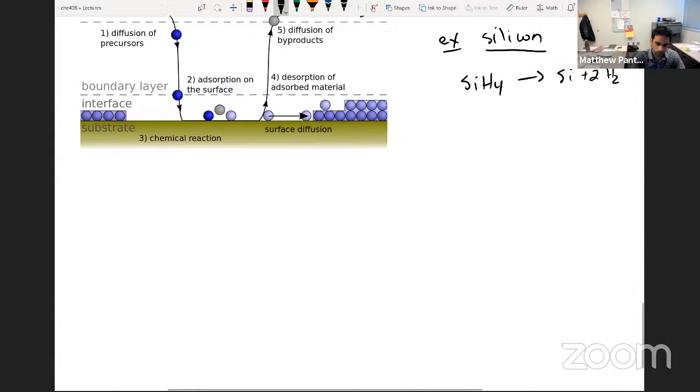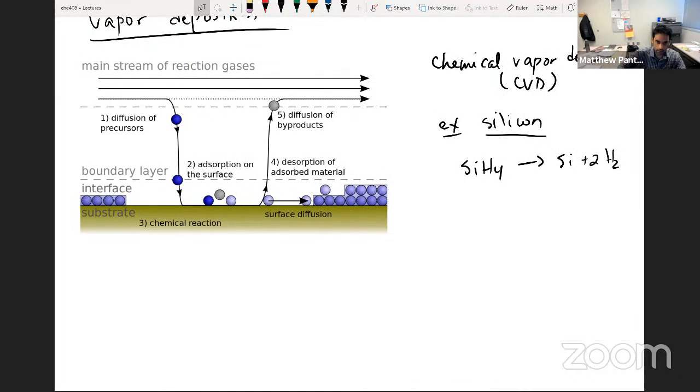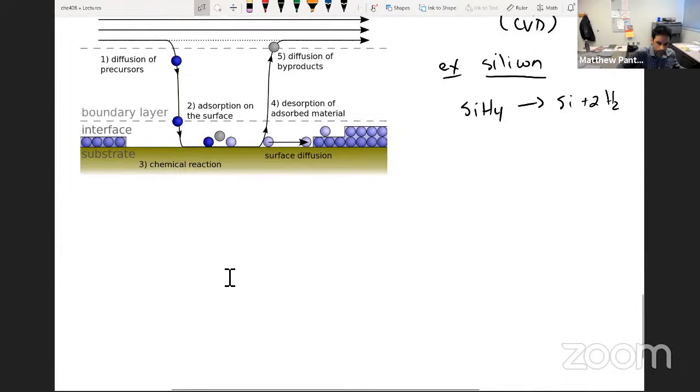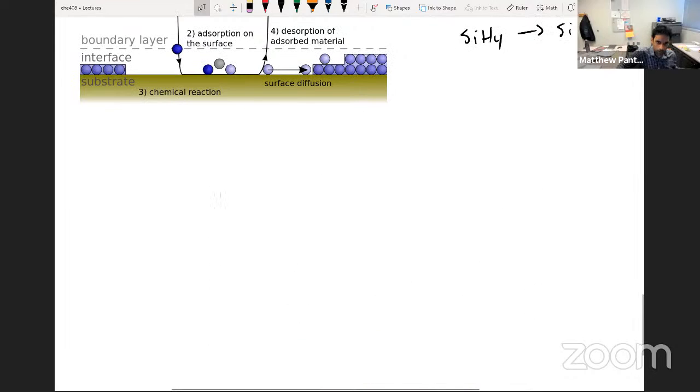So another thing, and again I'll show you a diagram to help with this, that is related: what we just showed was chemical vapor deposition. And there's a variety of different techniques that we refer to as physical vapor deposition.